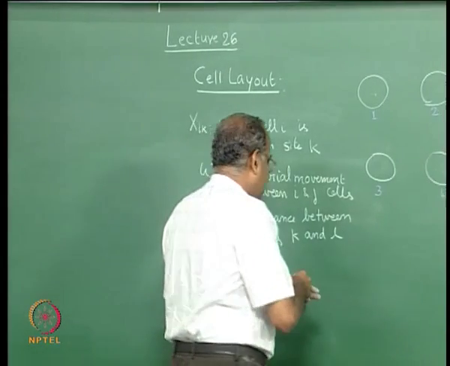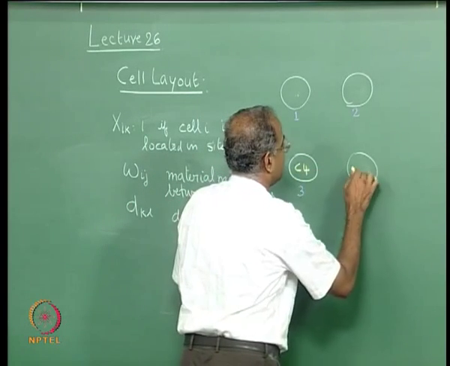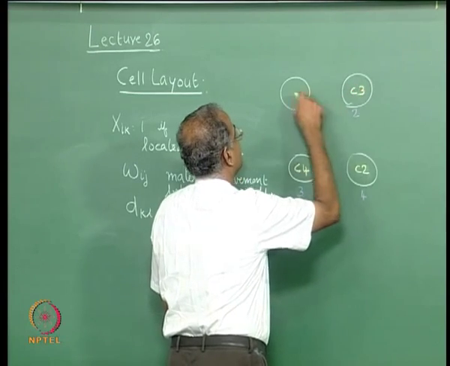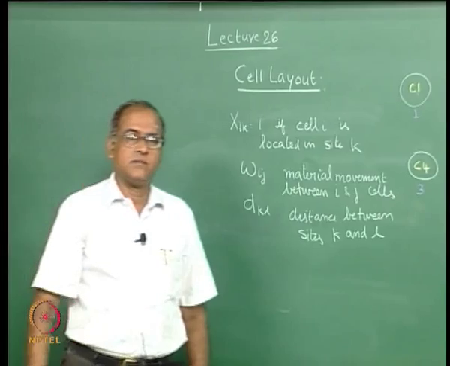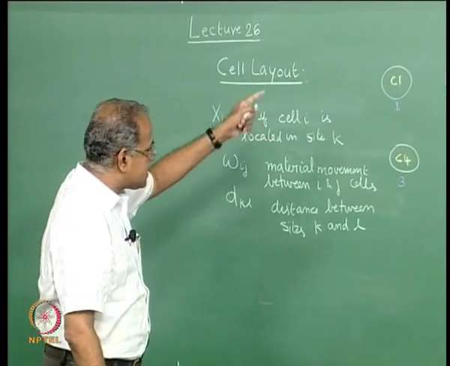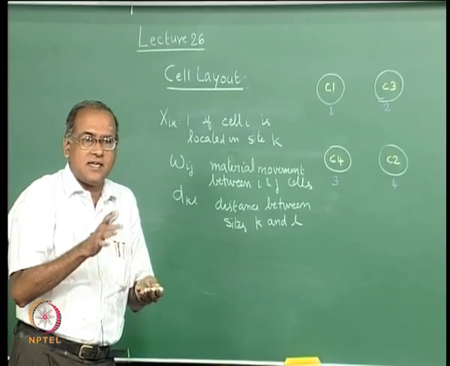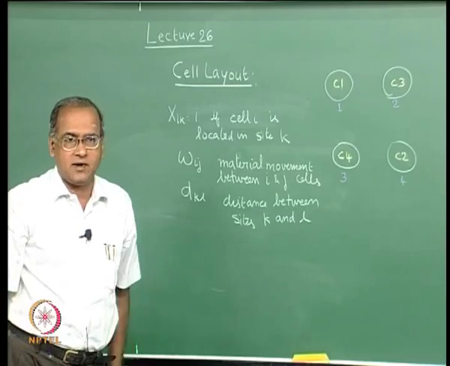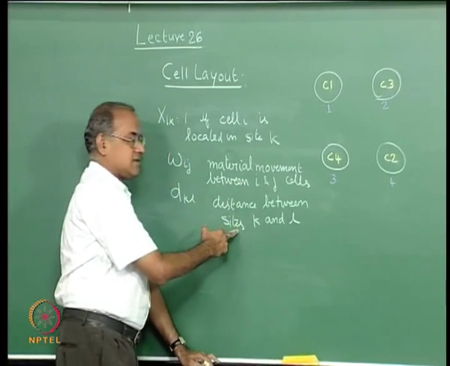And if we consider a solution that we wrote here, C4 was here, C2 was here, C3 was here, C1 was here, this was the solution we had. Now, if we choose this solution, then what is the amount of material movement in terms of load and distance?